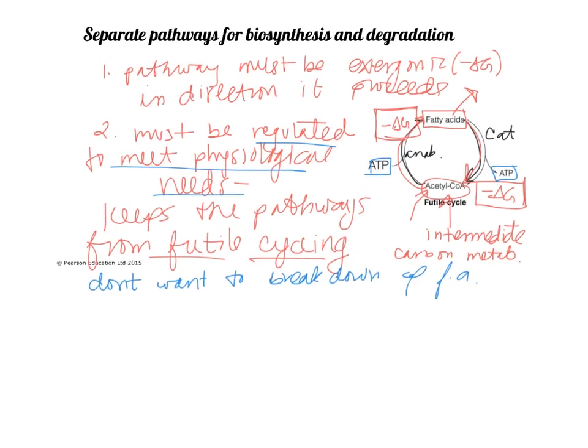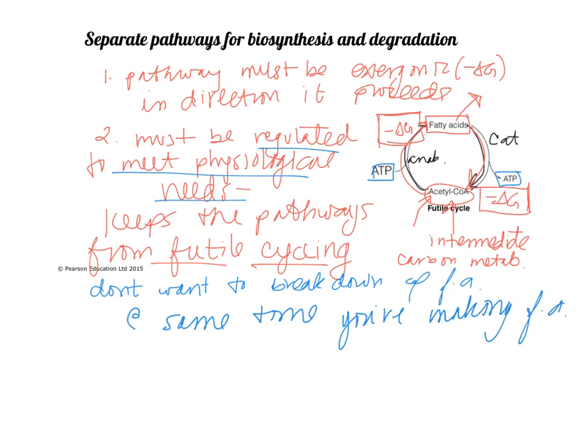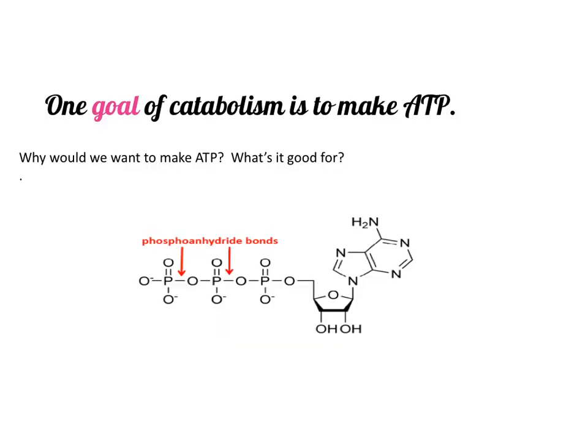That's essentially the rules of regulation and futile cycling. Don't want to break down a fatty acid at the same time you are making a fatty acid. And we'll come back to regulation once we get to the end of metabolism.